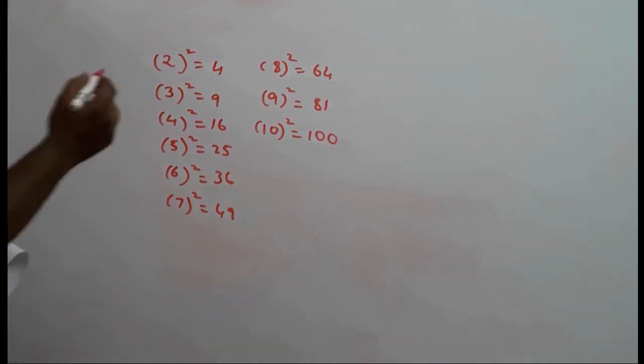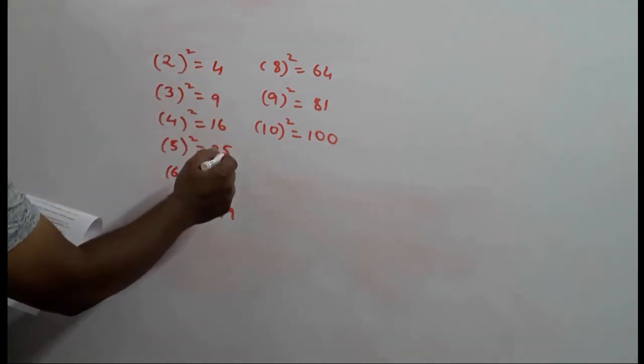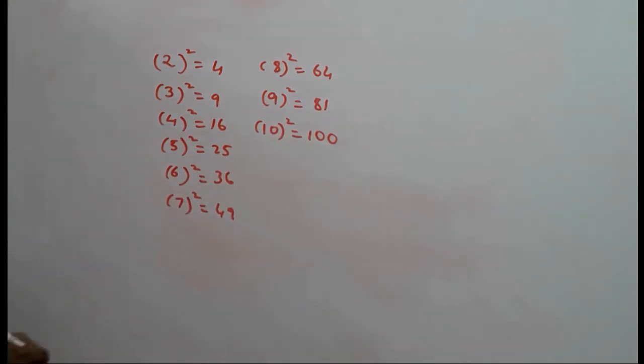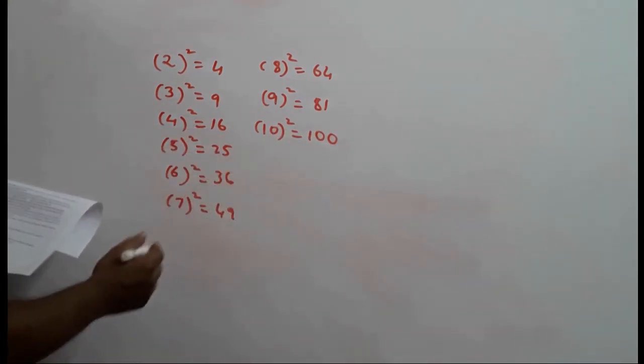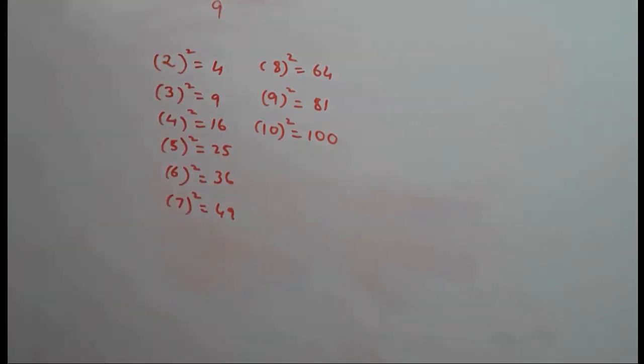So our numbers are only between 2 to 101. So this tells you how many squares lie between 2 to 101. So we have 1, 2, 3, 4, 5, 6, 7, 8, 9. So we have a total of 9 squares.